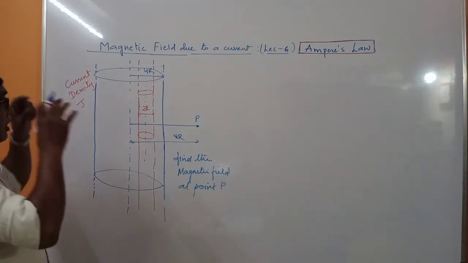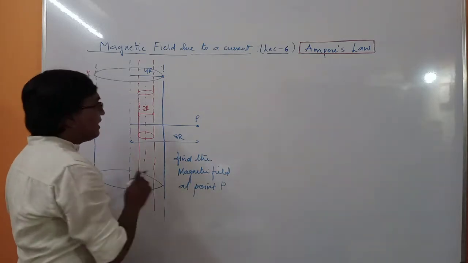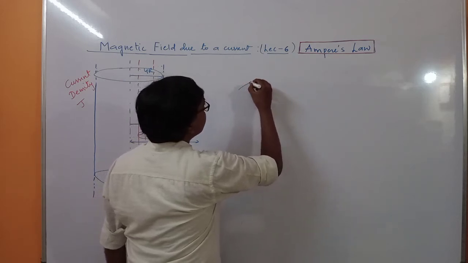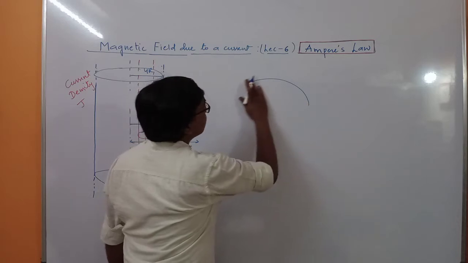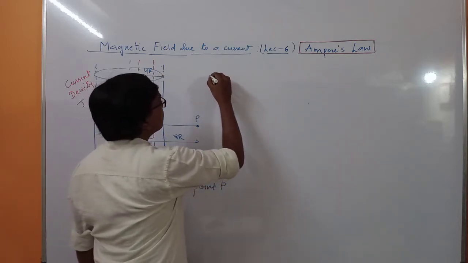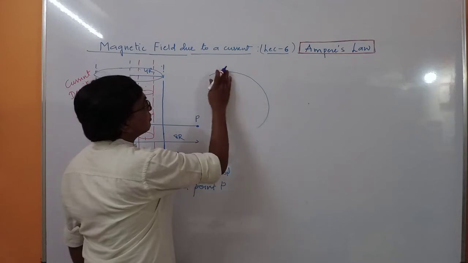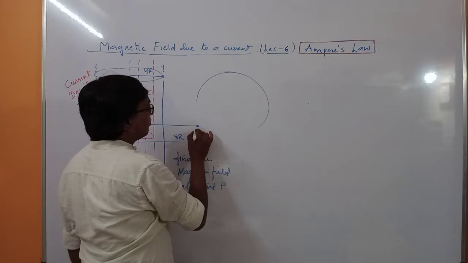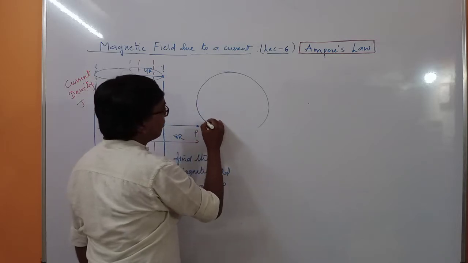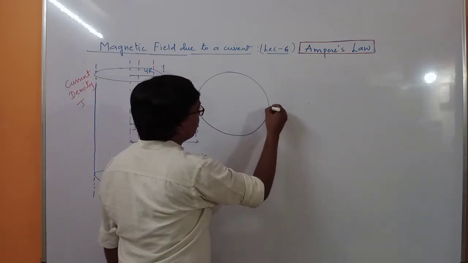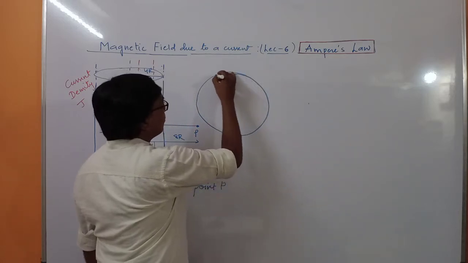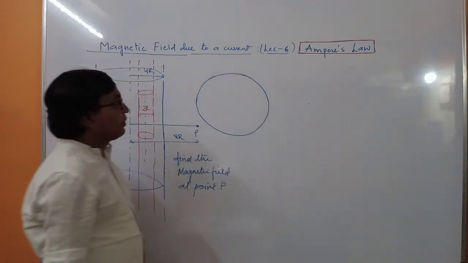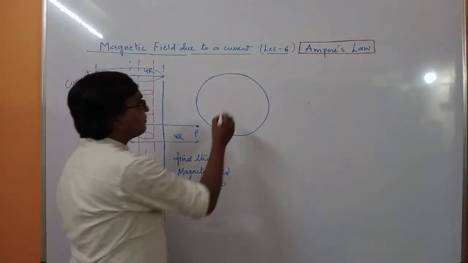So let us take the cross section of this cylinder. The cross section of the cylinder is circular. So this is the cross section of the cylinder.